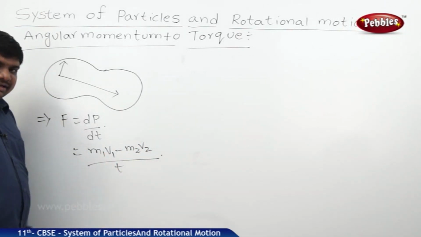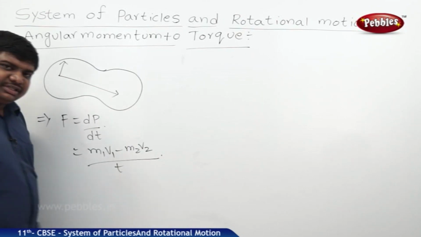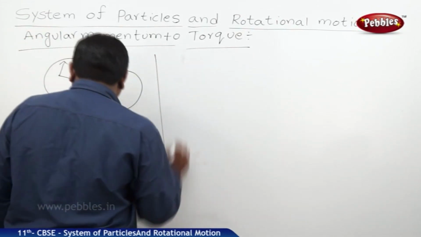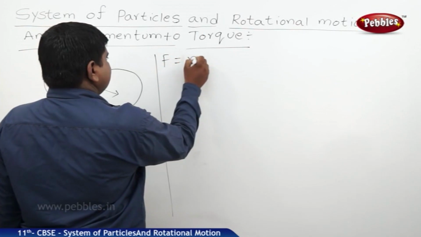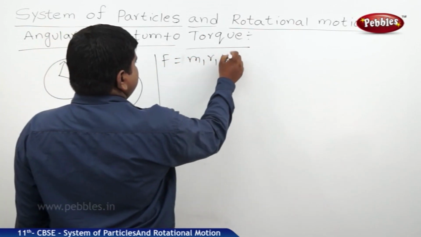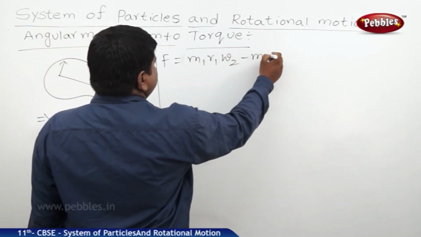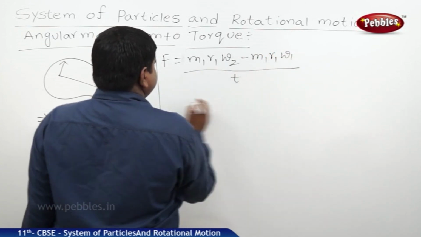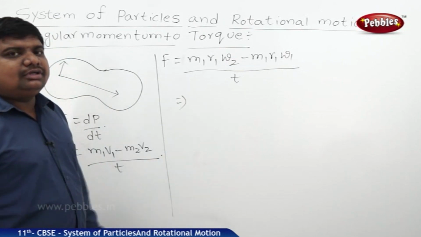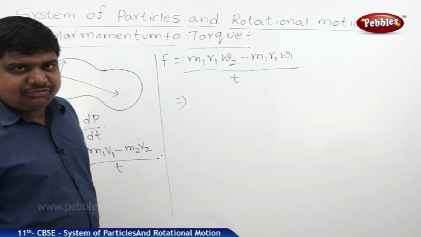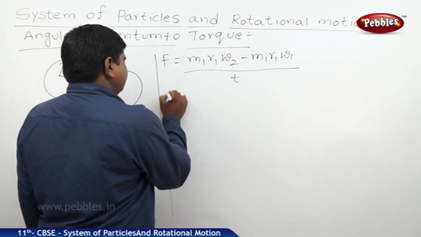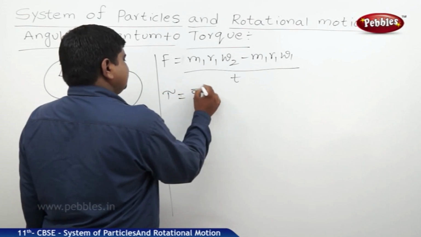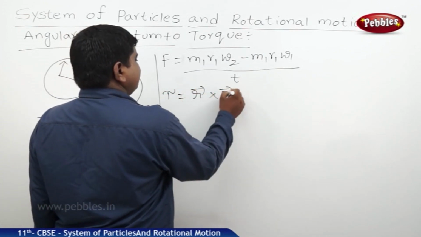We know that v1 is equal to r1 omega 1 and v2 is equal to r2 omega 2. Therefore, F is equal to (m1 r1 omega 2 minus m1 r1 omega 1) divided by t. We know the torque is equal to r into F. Therefore, torque is equal to position vector into F bar.